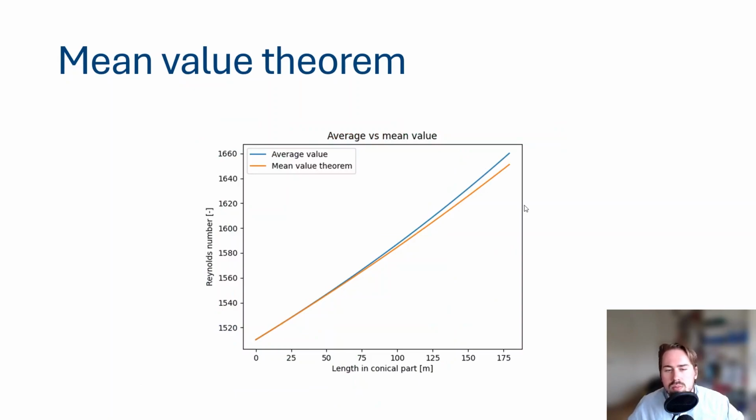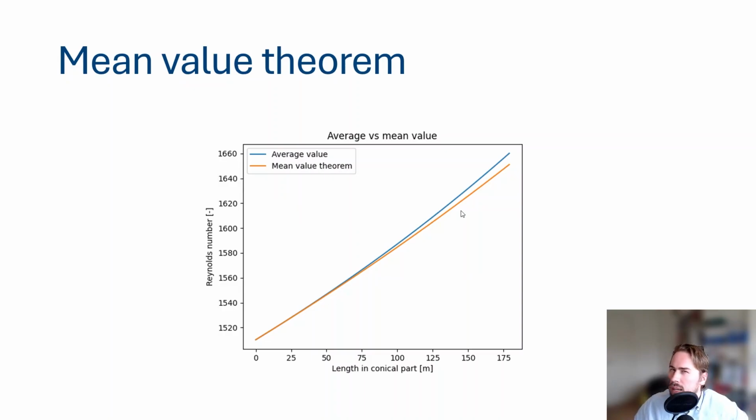And this is the difference between both assumptions for the Reynolds number. So when we start at the conical part, you can see that both assumptions overlap. But the further you are in this conical region of the probe, you can see that the solutions diverge and that your mean value theorem actually gives you a slightly lower but way more accurate result.